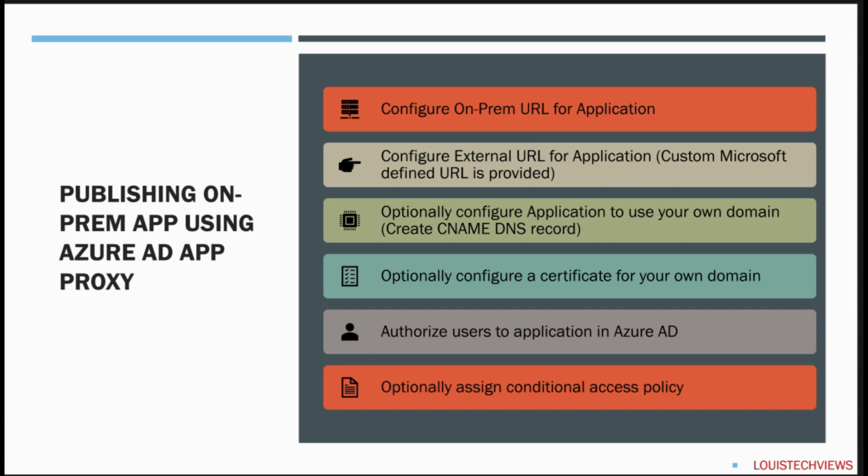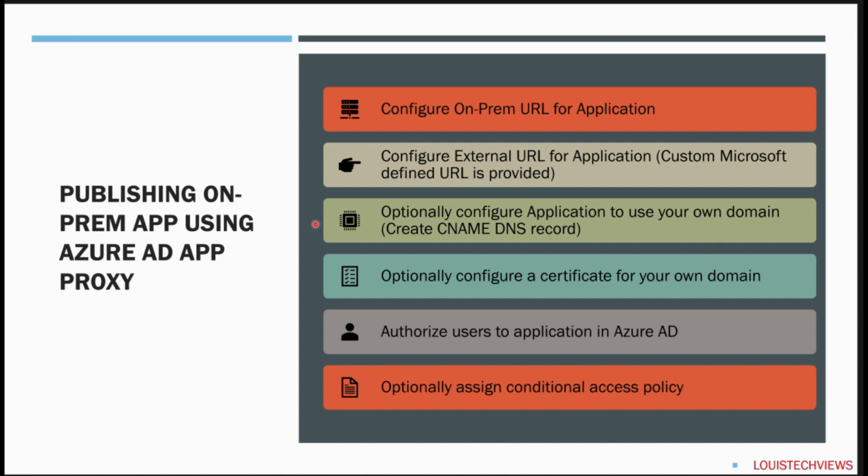All right, so publishing the on-prem app using Azure AD App Proxy has a couple high-level steps. You'll have to configure the on-prem URL, so that's an internal URL for the application. You have to configure the external URL for the application. When you do that, you will get assigned a custom Microsoft-defined URL. And you also can optionally put that behind your own domain name, right?